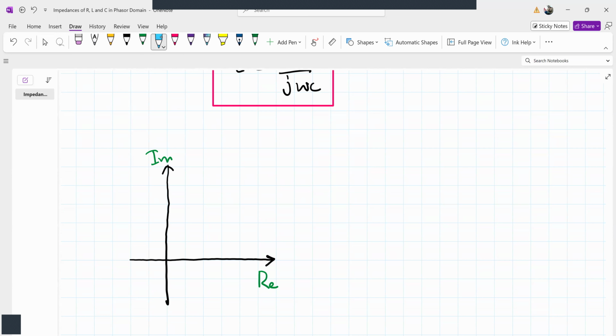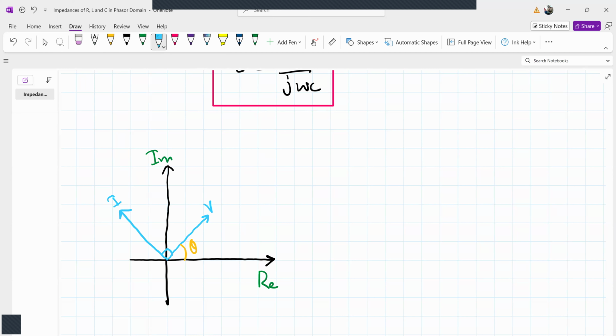Now if I say the voltage phasor is on this side, so this is V phasor. V phasor is making an angle of theta with the real axis. So what will be the I phasor? I phasor will be leading the voltage by 90 degrees. This will be I phasor.